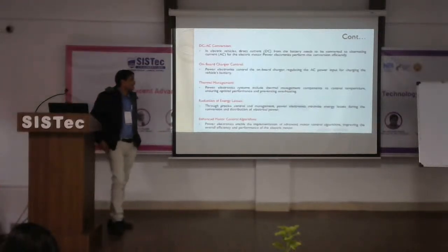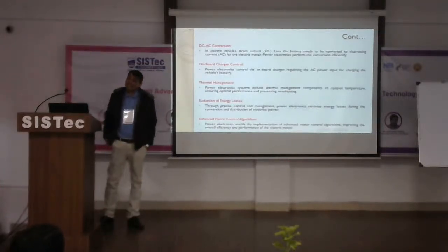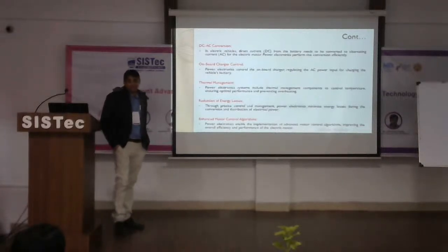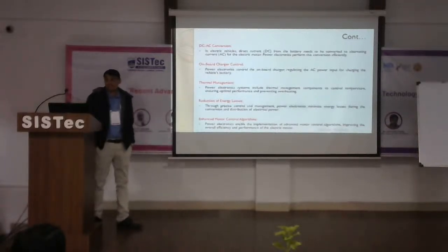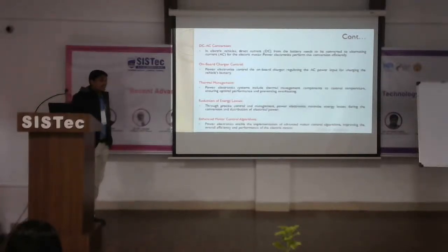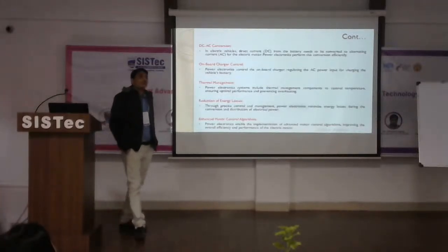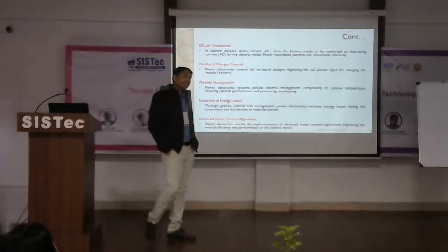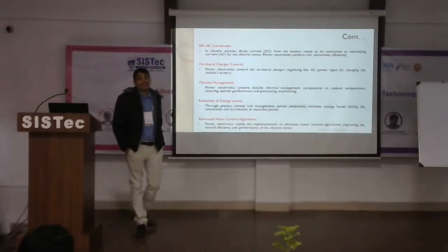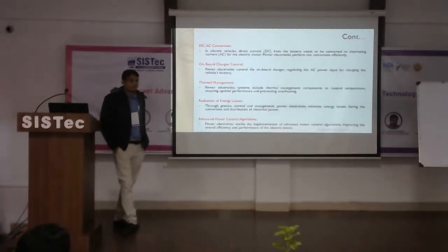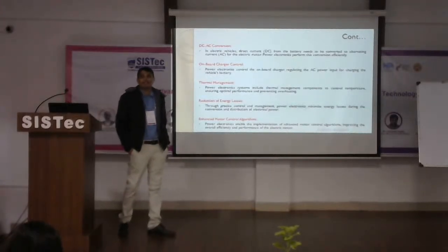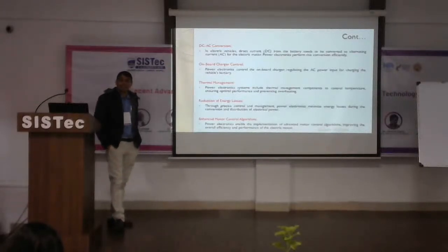On board charger control. It means again it is required whether a bidirectional converter or a unidirectional converter is there. Suppose you are using a bidirectional converter, so the same electric vehicle we can use as a backup, or to electrify the house or whatever system is there, that will be electrified by the electric vehicle. Getting my point?